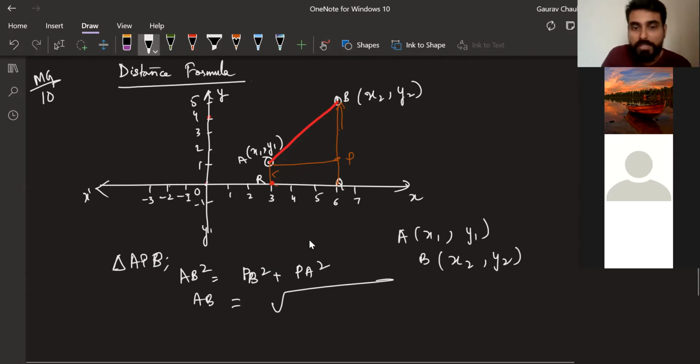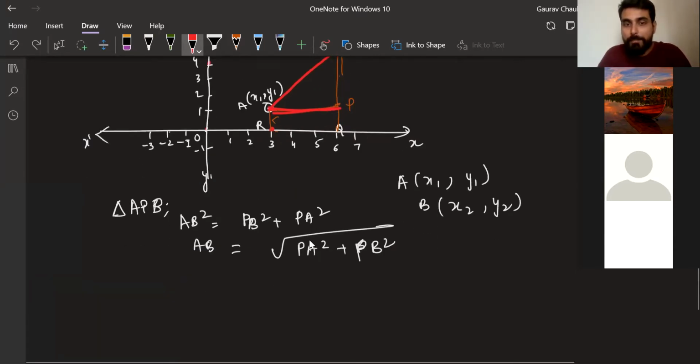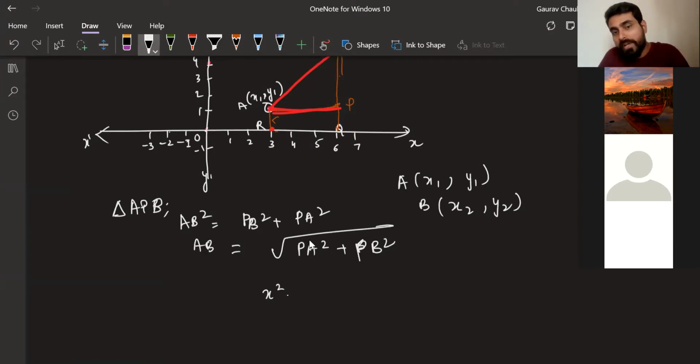PA square is basically RQ square, which is x2 minus x1. So we get PA square as x2 minus x1 the whole square.